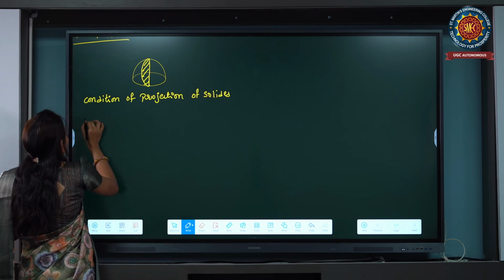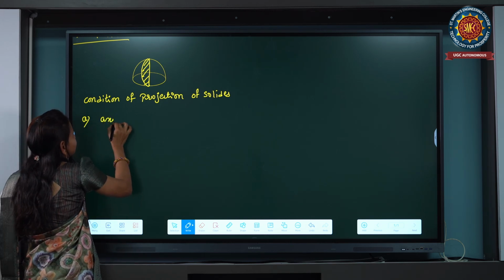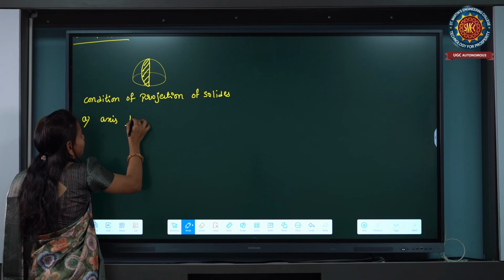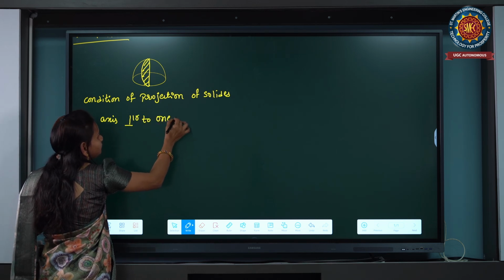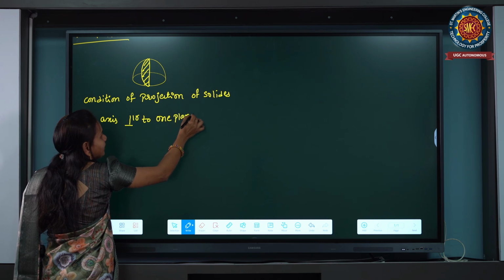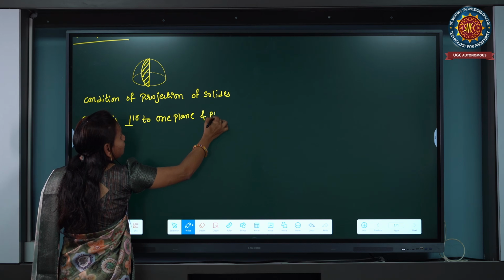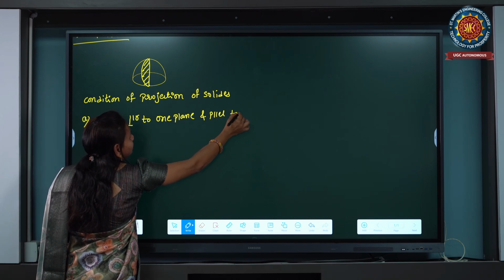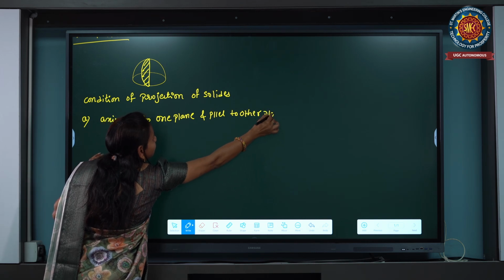The first one is axis perpendicular to one plane and parallel to the other plane.